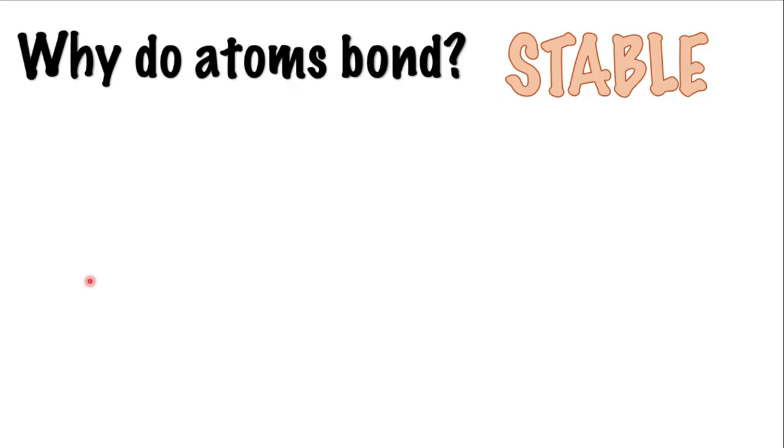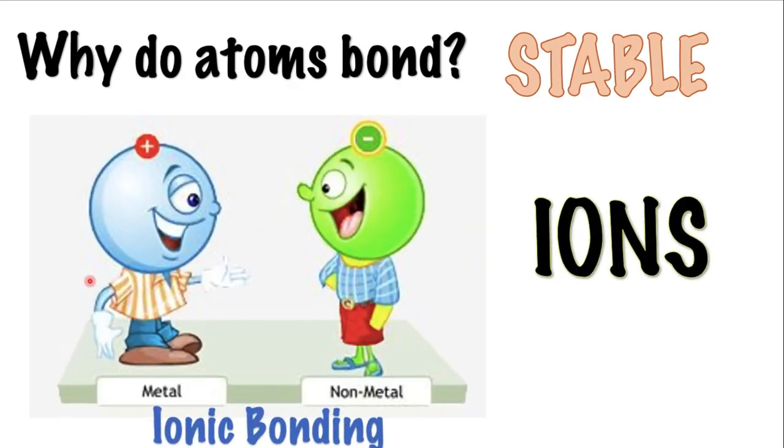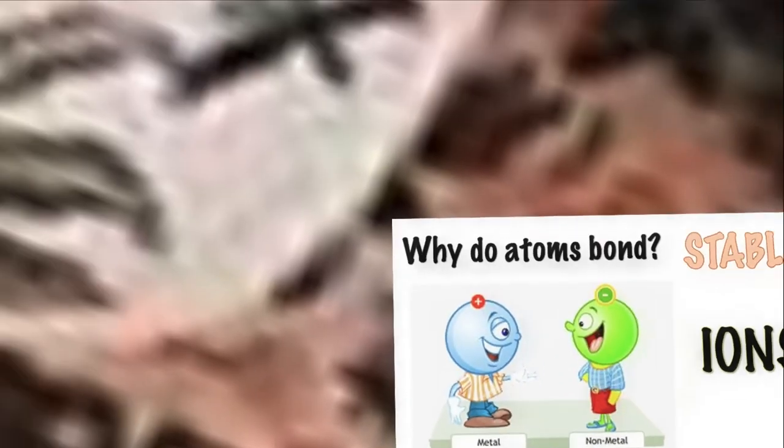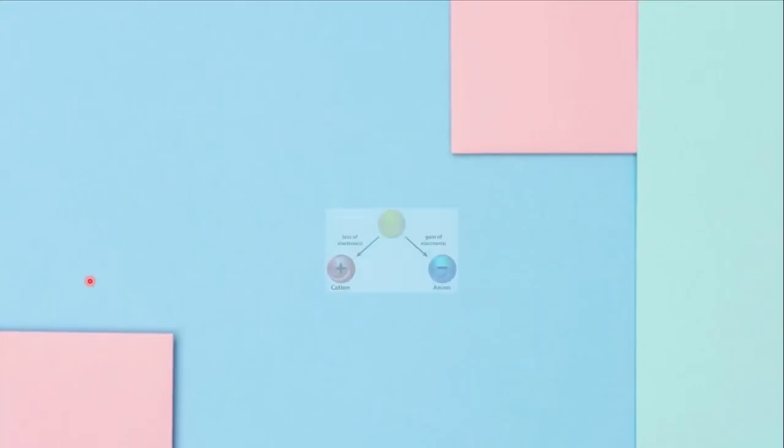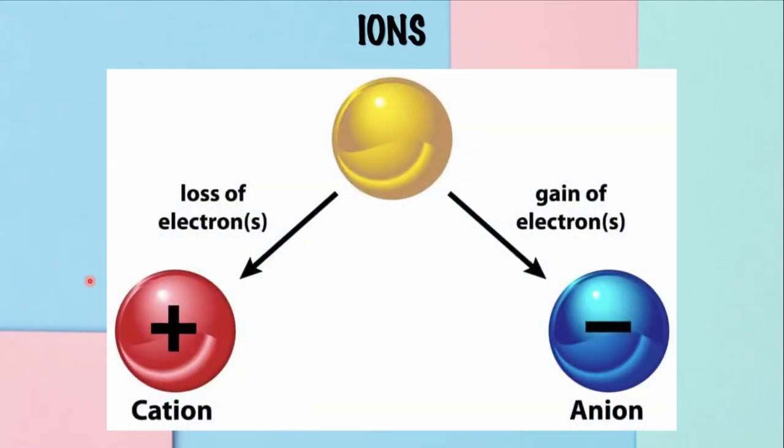Atoms bond to become stable. When a metal element bonds with a non-metal element, that is ionic bonding, wherein ions are formed. An ion is an atom or molecule with positive or negative charge.